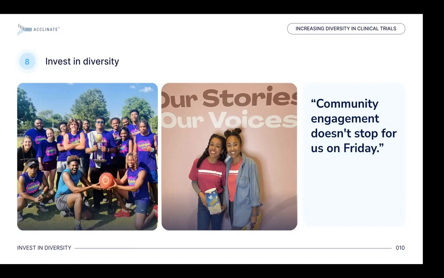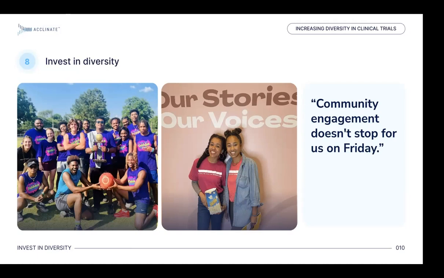And so that is something that we really try to impress upon the research sponsors that we work with, is that the investment is time and resources, and it's ongoing. It's not just plopping yourself into a predominantly Black neighborhood and saying, oh, we put a clinical trial here and all the people are going to open their doors, run out, and try to participate. That's not what's going to work.